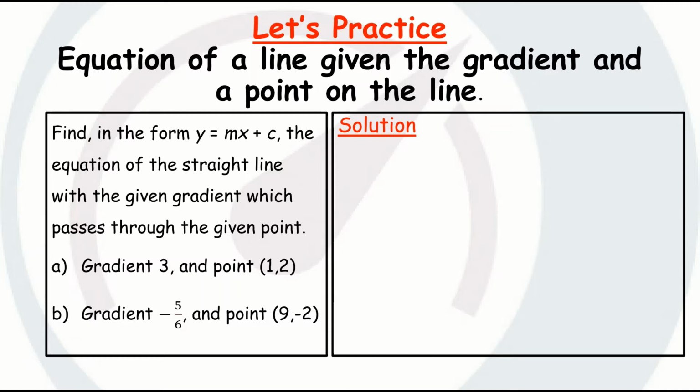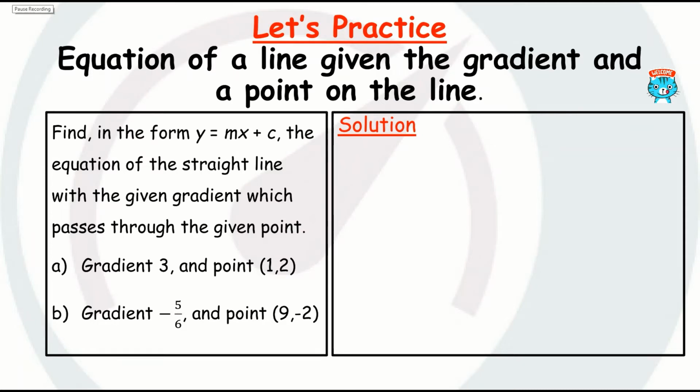Now, let's do a quick practice. We're going to practice finding the equation of a line given the gradient and a point on the line, in the form y equal mx plus c, the equation of the straight line. Now let's start some practice questions.